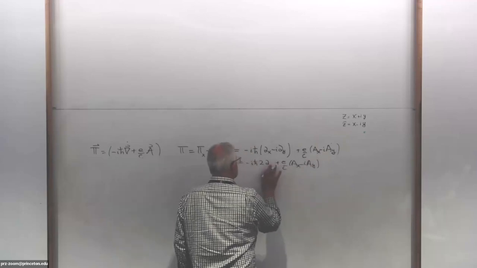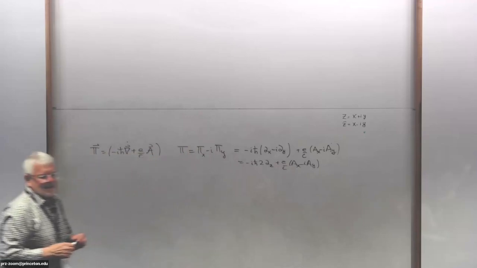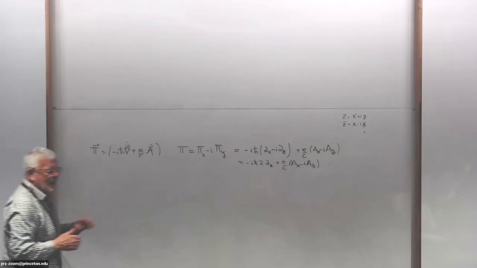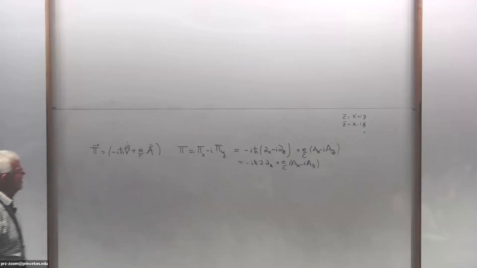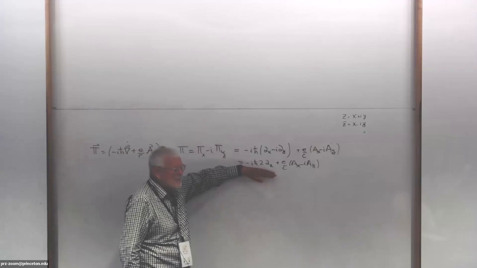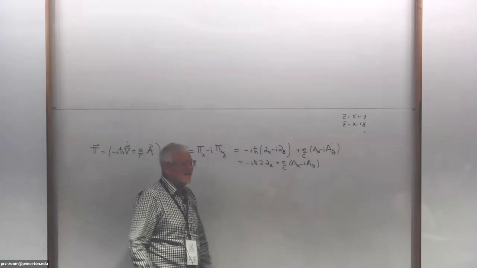Sorry, that's wrong, it's dz. So that's just changing variables from x and y to z and z star. And so the operator pi only has derivatives with respect to z. It doesn't have any derivatives with respect to z star.